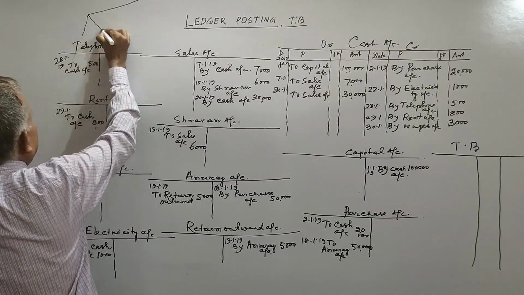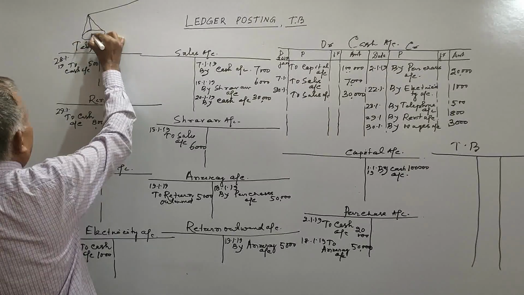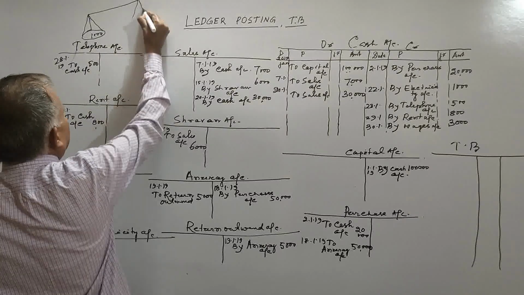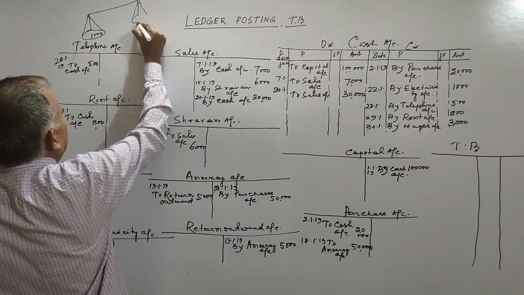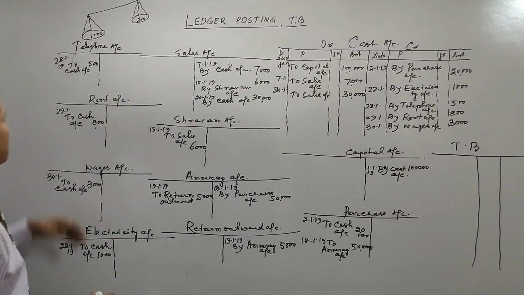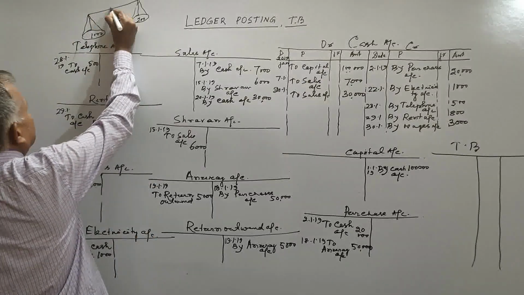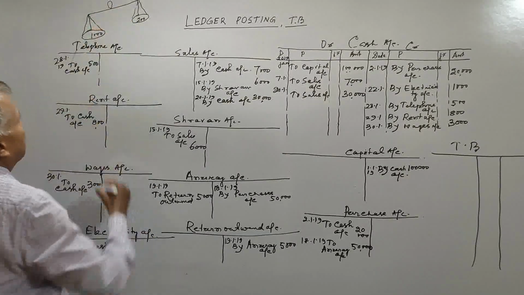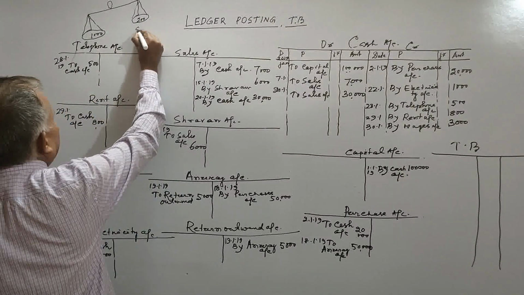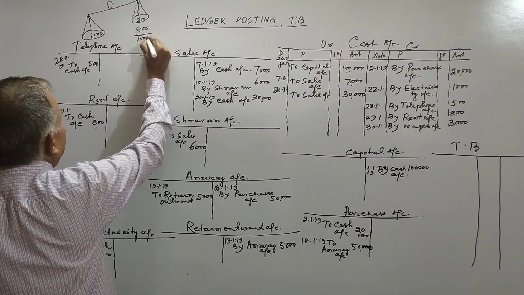Suppose this is 1,000 and here only 200 is here. So it is unbalanced. Right? If you want to make a balance, you have to put 800 so that it will be 1,000.